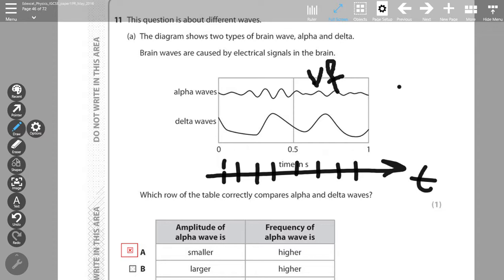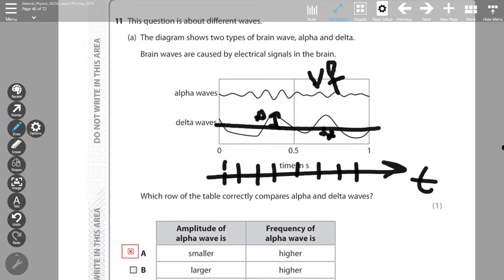But amplitude is the distance from the rest position. So amplitude is greater here. So the amplitude of the alpha wave is smaller, yes, and frequency is higher. Answered.